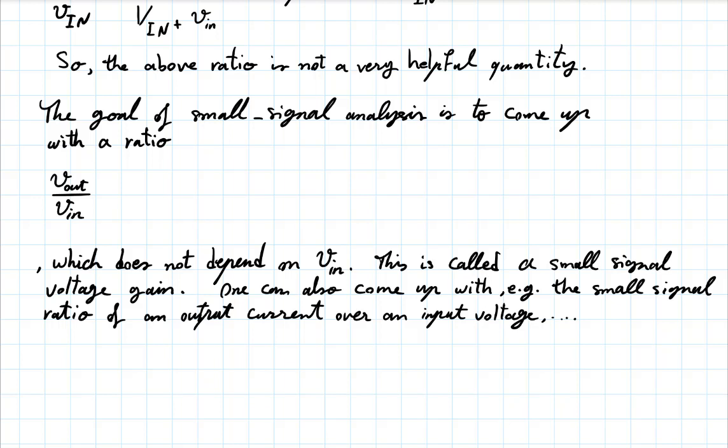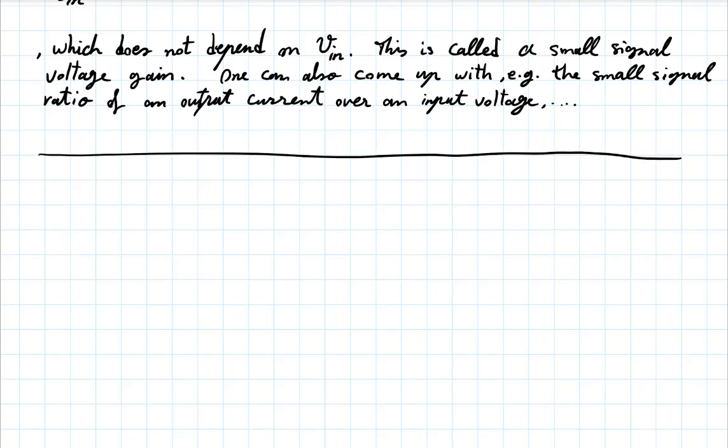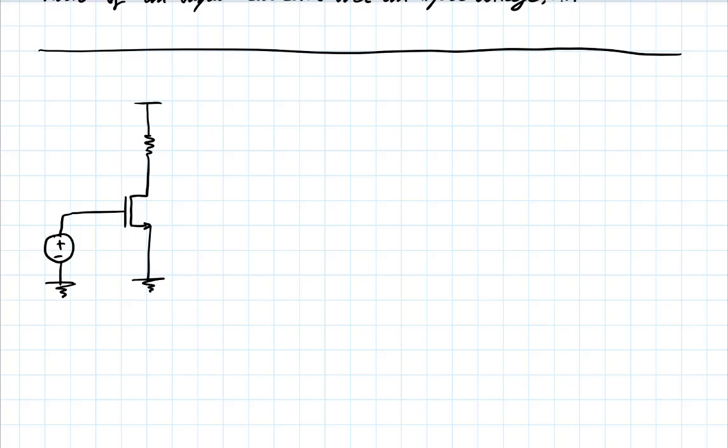Let's do this with an example. This is maybe a good time to put a little more physics into this. This was maybe all a little abstract. Consider this circuit. I apply a voltage at the input, and I measure this output.